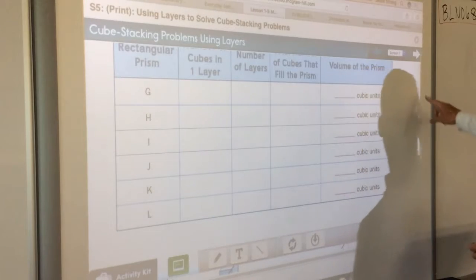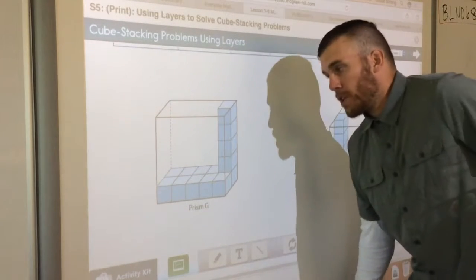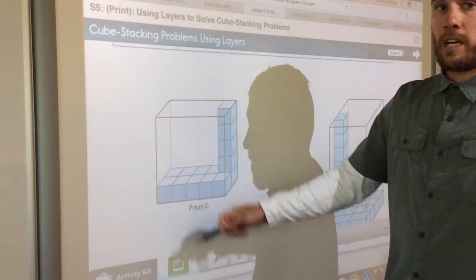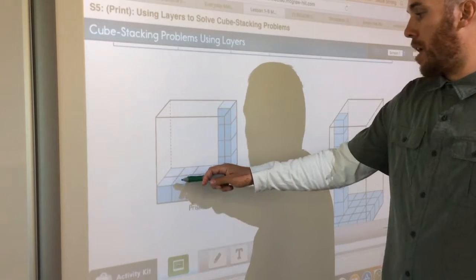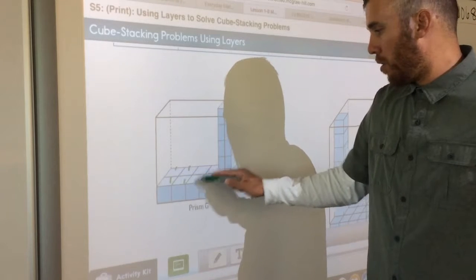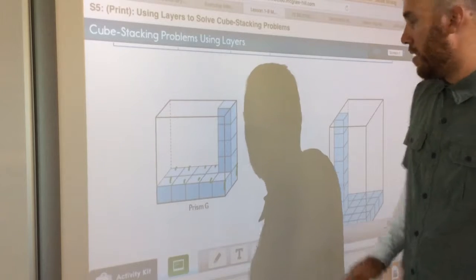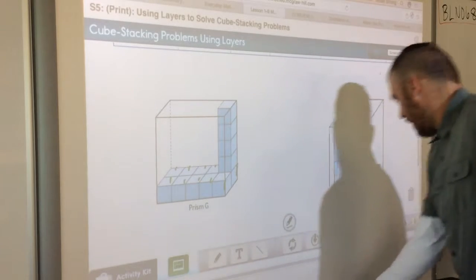Let's look at G. Okay, so here's what G looks like. First thing we have to do is we got to count how many cubes are in the first layer. 1, 2, 3, 4, 5, 6, 7, 8, 9, 10. So there's 10. So I go back up to my chart.